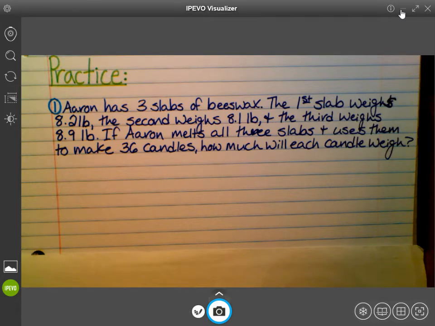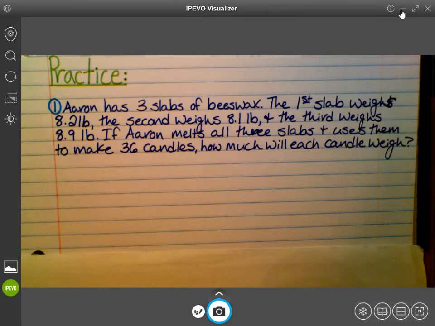So, Aaron has 3 slabs of beeswax. The first slab weighs 8.2 pounds, or 8 2/10 pounds. And remember, pound is LB, so behind each number there's an LB, it's not a 1. The second weighs 8.1, or 8 1/10 pounds. And the third weighs 8.9, or 8 9/10 pounds.